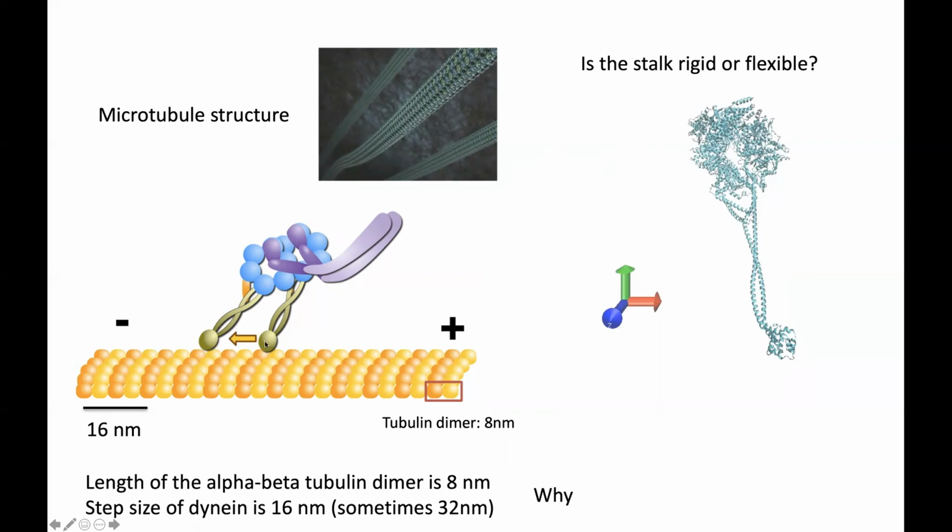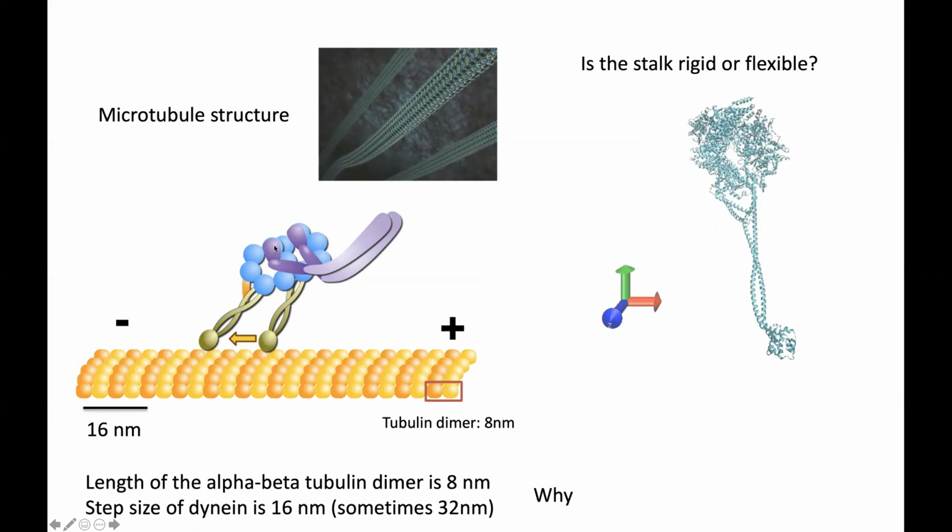Every time it works with a fixed step size, and the step size is 16 nanometers from here to there. That means it's twice the length of the tubulin dimer, because the tubulin dimer is 8 nanometers long. So each step of dynein is twice the length of the tubulin dimer.